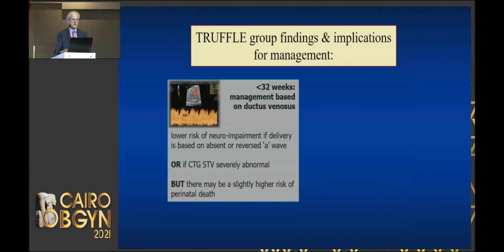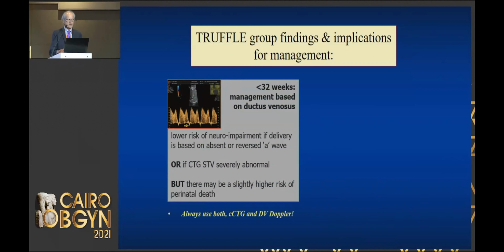Now, what are the implications for early fetal growth restriction according to the TRUFFLE findings? Before 32 weeks, management should be based on ductus venosus, with lower risk of neuroimpairment if delivery is based on absent or reversed A wave, or if the CTG STV is severely abnormal.